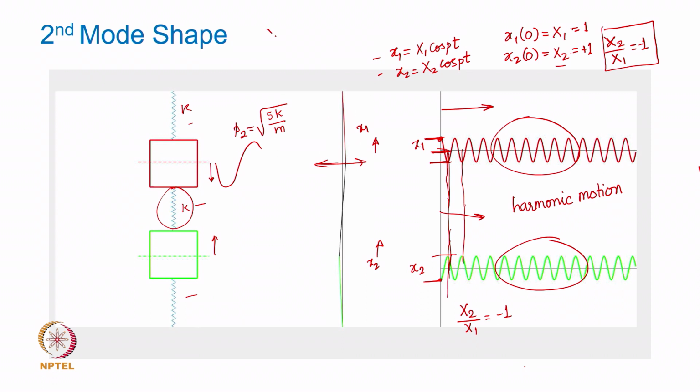If I initially give x1 equal to 1 unit and x2 equal to minus 1 unit, so I move the first mass vertically up, the second mass vertically down and then release them, then the motion is going to happen at its second natural frequency, but both of them will move with the same frequency P2 and they will maintain the amplitude ratio as given by the mode shape, right.